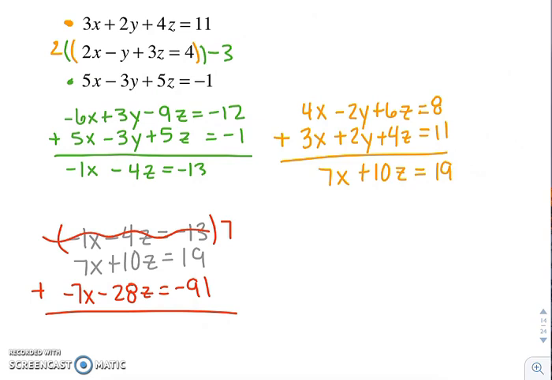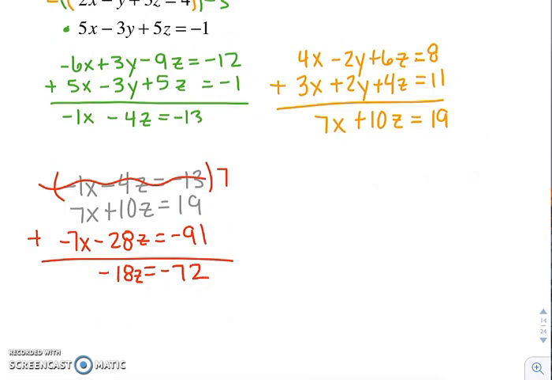Negative 28 plus 10, negative 18z. And then negative 91 and 19 gives us negative 72. And then divide 72 by 18. So we get z to be positive 4.